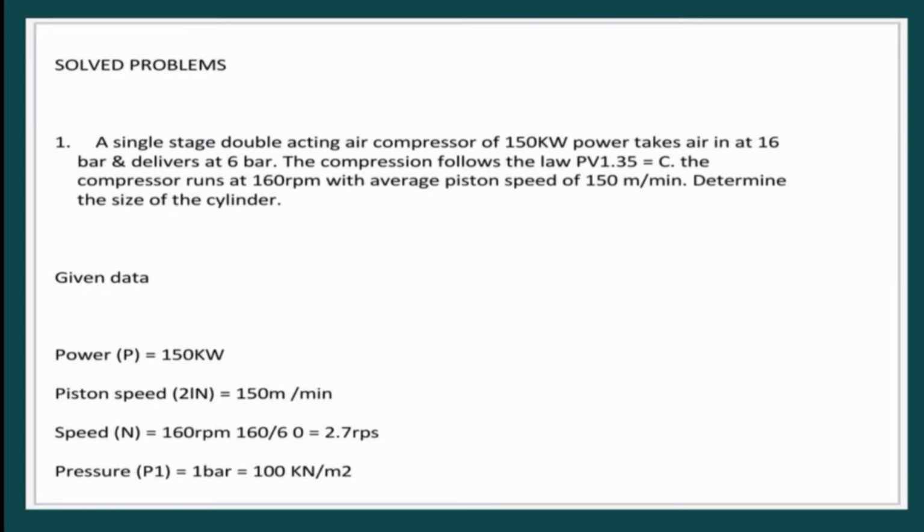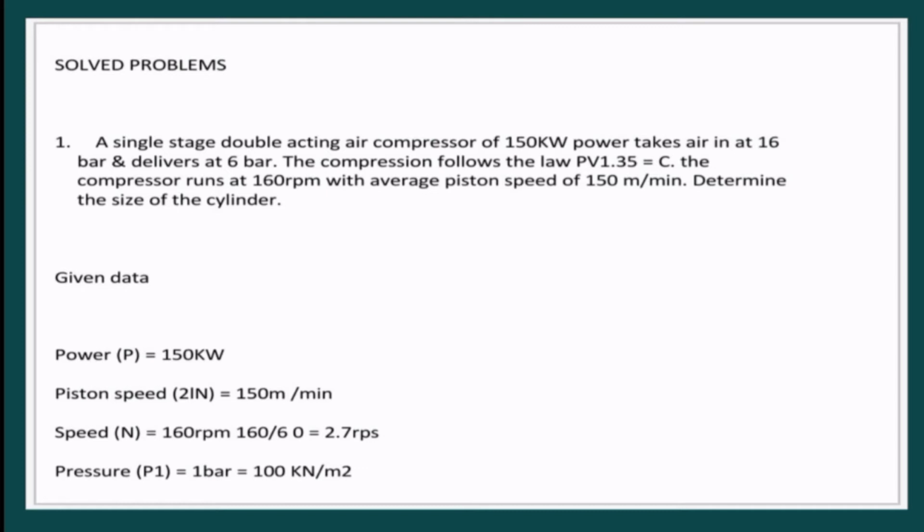For the given data, power is 150 kilowatt. Piston speed is equal to 150 meter per minute. Speed is equal to 160 RPM. Converting to RPS, 160 divided by 60 is equal to 2.7 RPS.